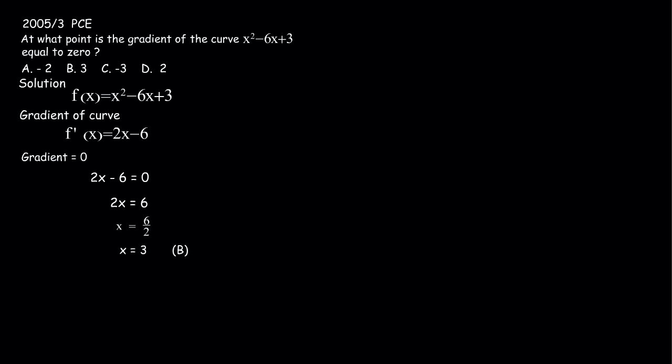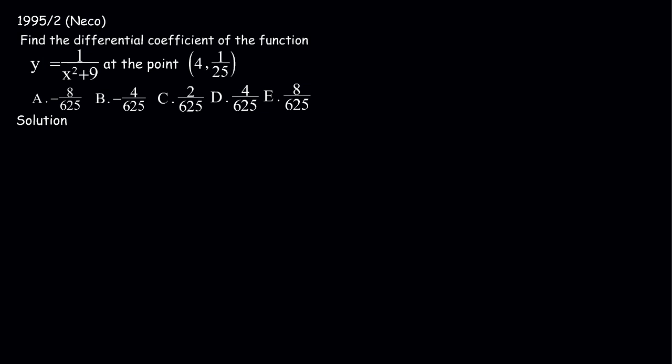Our next example is from NECO, and it states: find the differential coefficient of the function y equals 1 divided by x squared plus 9 at the point 4 and 1 over 25. Now the differential coefficient is the same as dy over dx, or its derivative.